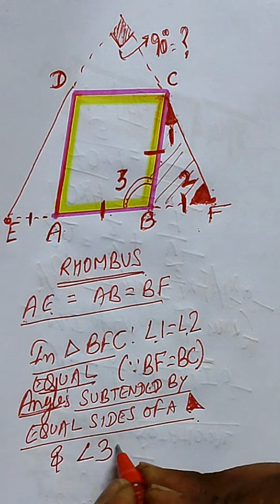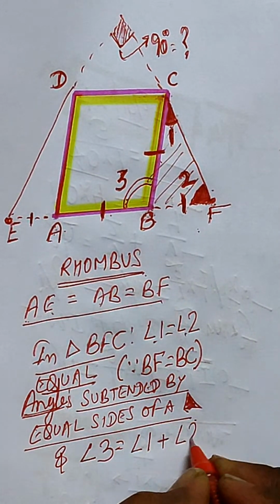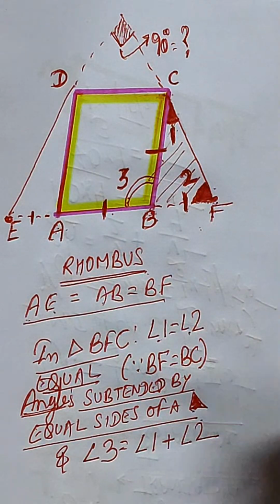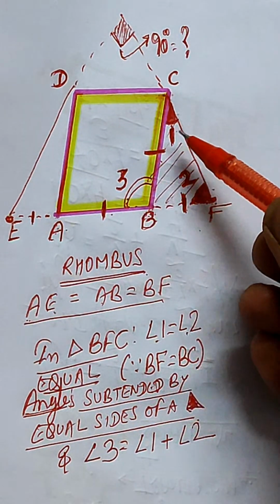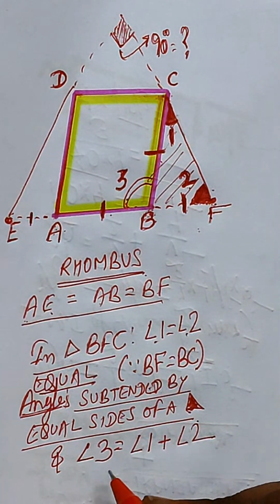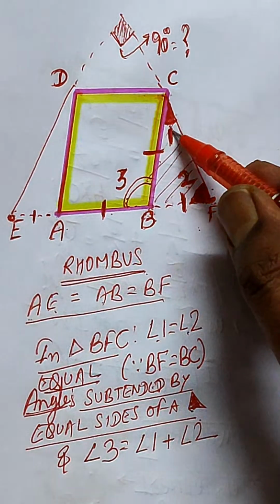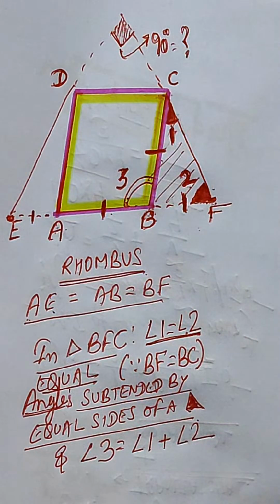And angle 3 is equal to angle 1 plus angle 2, because any exterior angle is equal to the sum of interior opposite angles, right? Now here angle 1 is also equal to angle 2, you have written, right?